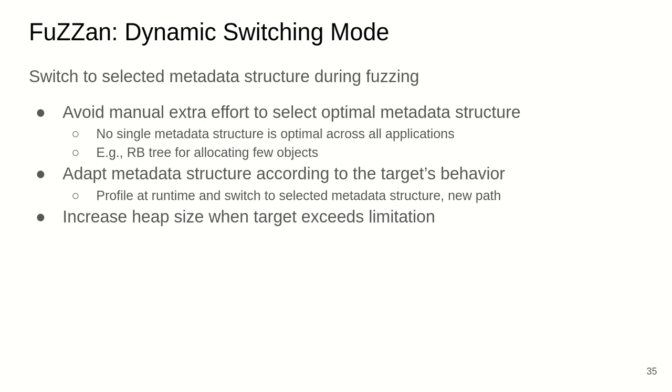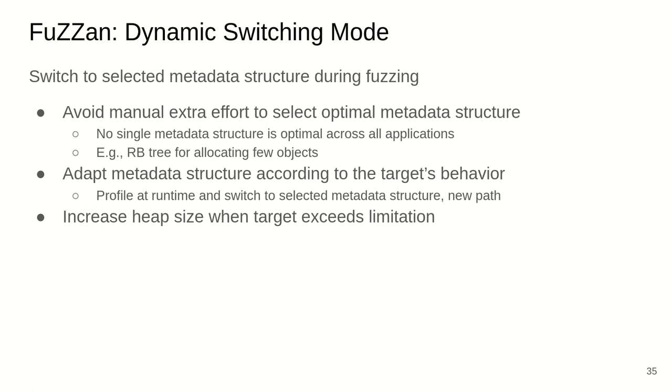Now, we need to figure out what is the optimal metadata structure during fuzzing. We could switch by hand and select the target before. For example, depending on the analysis of our target program, we could hard code one metadata structure, or we could switch automatically.